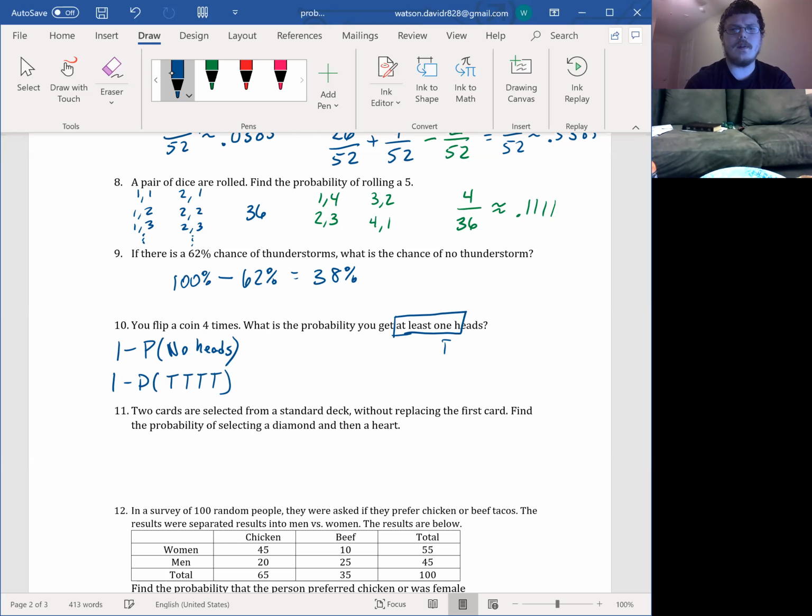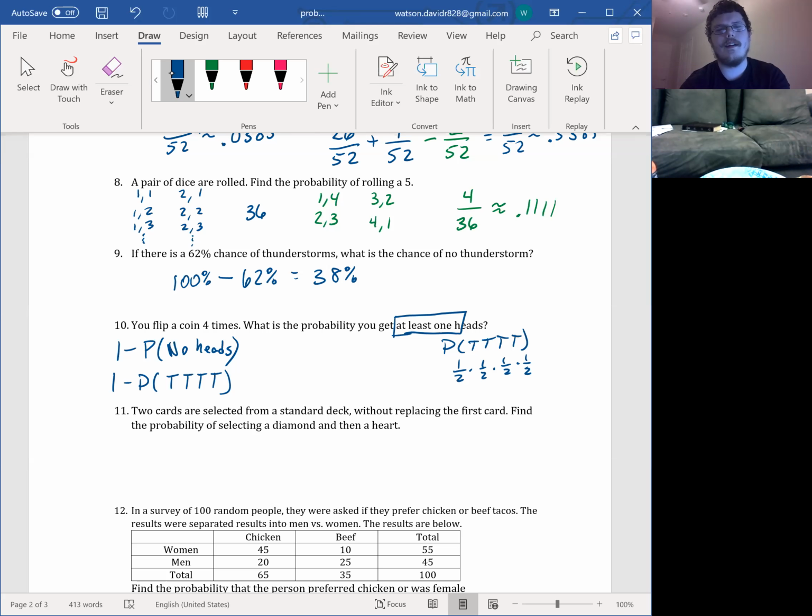Now that's something we can do. The probability of all tails is 1/2 times 1/2 times 1/2 times 1/2. Just 1/2 times itself 4 times, because each time you get a 50-50 chance of getting tails.